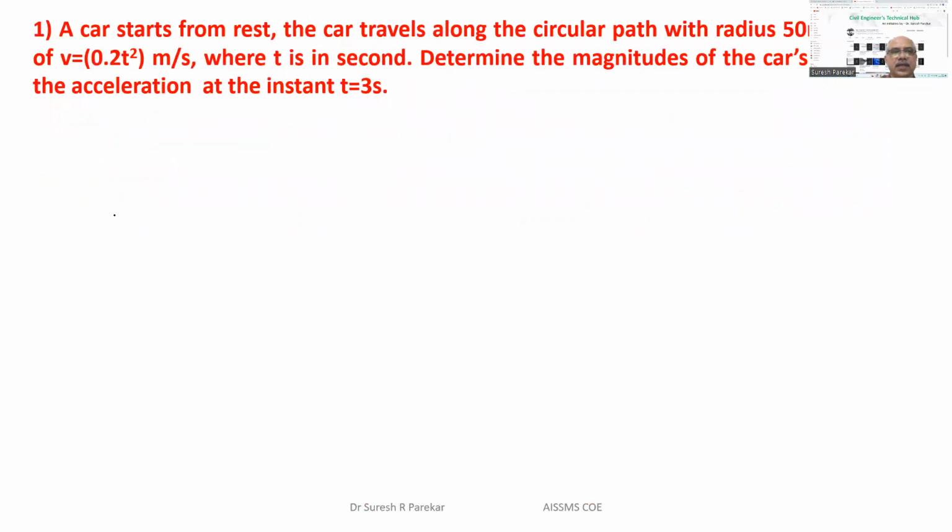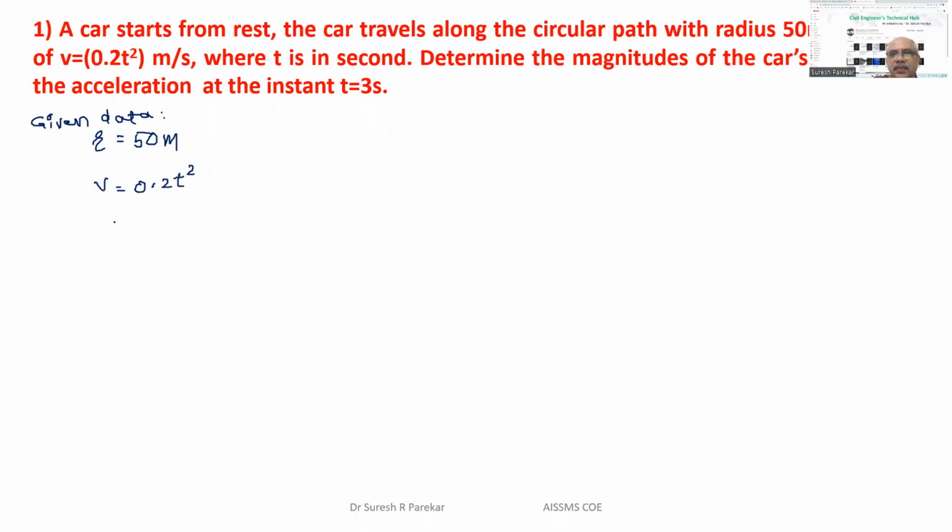So we have first a car that starts from rest. The car travels along a circular path with radius 50 meter. So we have given r equal to 50 meter. So this is the given data. V is given as 0.2 t square.